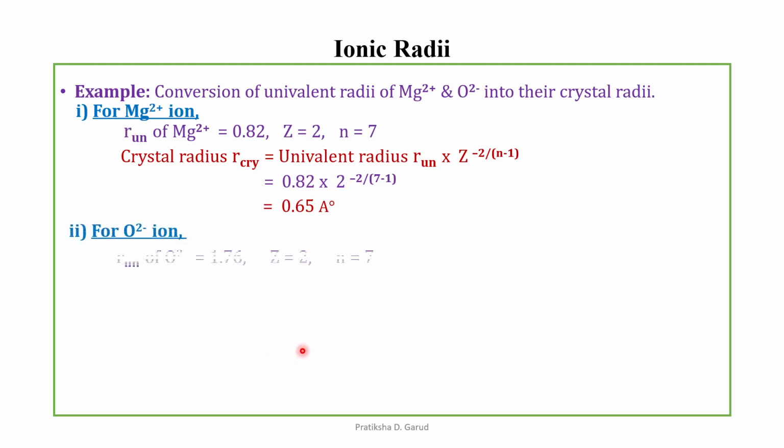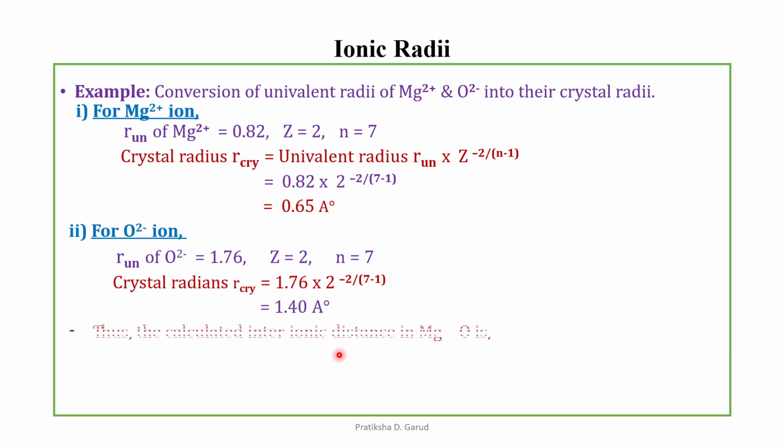Similarly, for O2 minus, the univalent radius is 1.76, Z is equal to 2, N is equal to 7. Again, crystal radius is 1.76 into 2 raised to minus 2 upon 7 minus 1, which is equal to 1.40 Angstrom. So this is the crystal radius of Mg2 plus, and this one is the crystal radius of O2 minus.